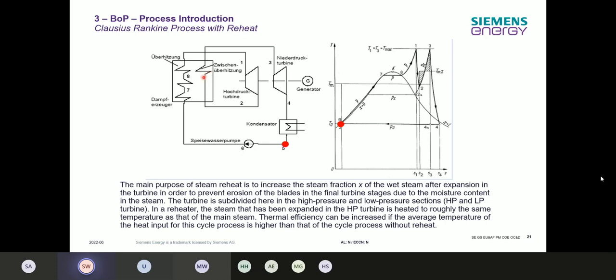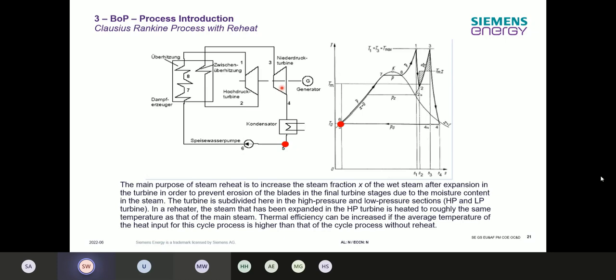So the steam which is coming out here, probably 300, 350 degrees, will be sent back to the boiler at around 30, 35 bar normally. Sent back to the boiler, it will be reheated again to 550, 600 degrees, what we have, and then sent back to the turbine, and then sent through the LP turbine, and then same like before through the condenser and down.